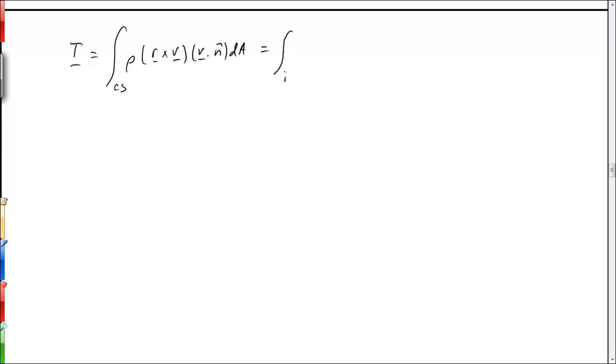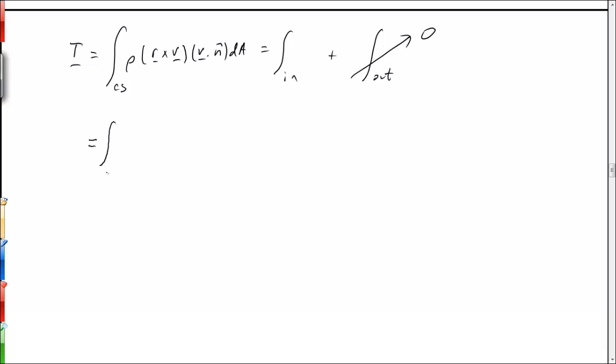And we're going to have both an inlet and an outlet as our control surfaces. But we just said that the absolute velocity at the exit of our rotor is going to be purely radial. And so when we do r crossed with v, we get r hat cross r hat, and that is identically 0. So the outlet will contribute nothing to the angular momentum equation.